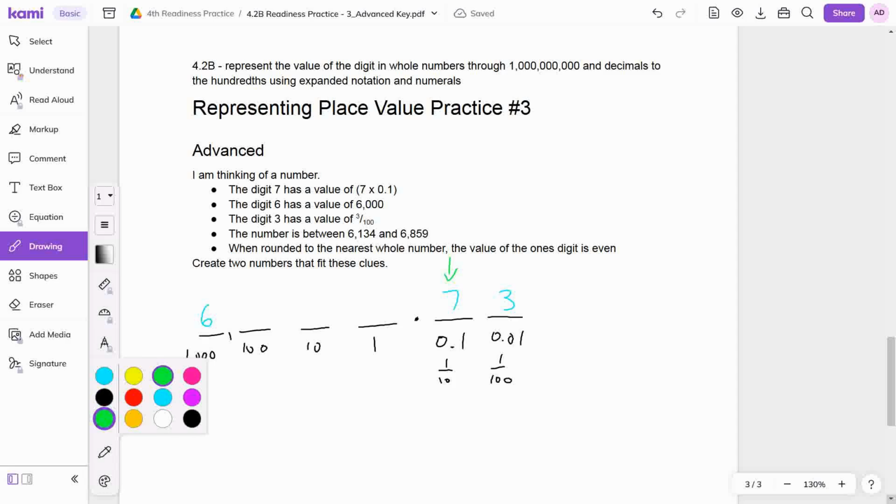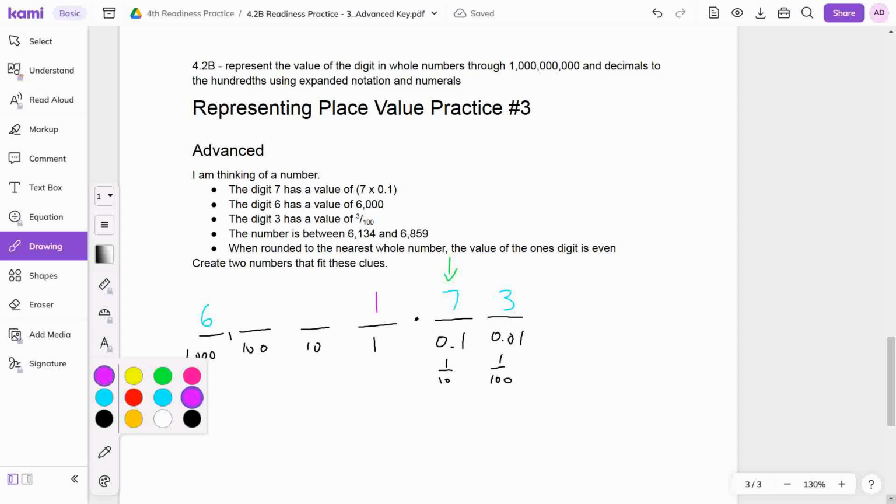Since that's already above 5, I know that 7 is already going to make my number one more, which means I need to make this an odd number. So I need to make that 1, because if I can make that 1, then that 7 is going to round that up to a 2. I need to make it an odd number so it rounds up to an even number.